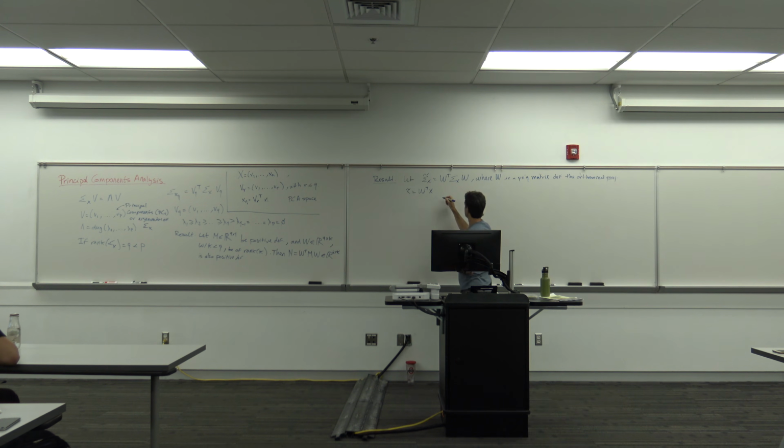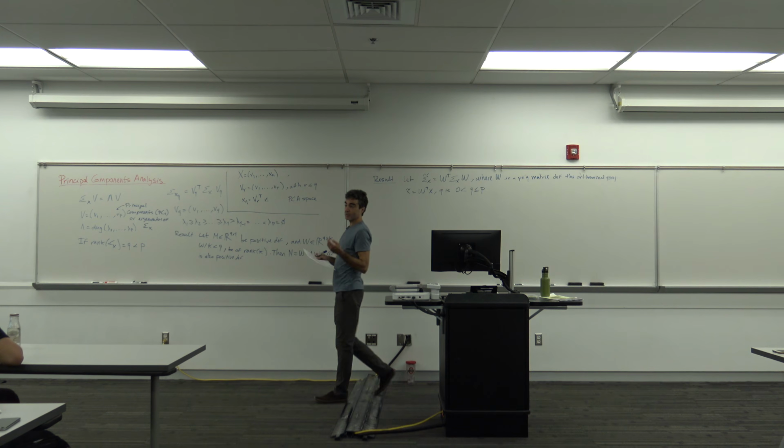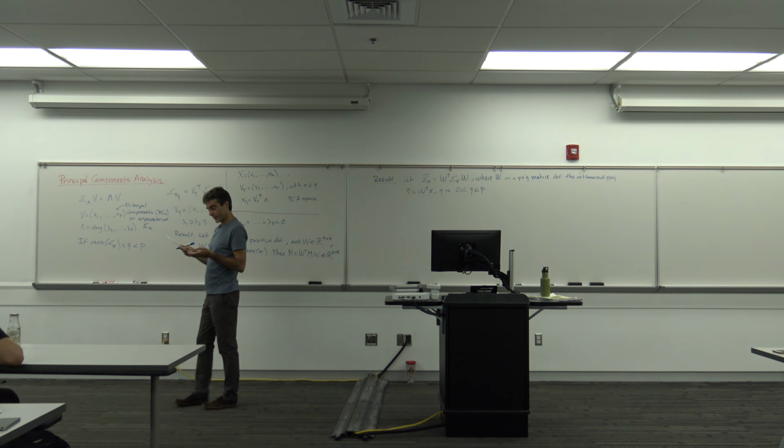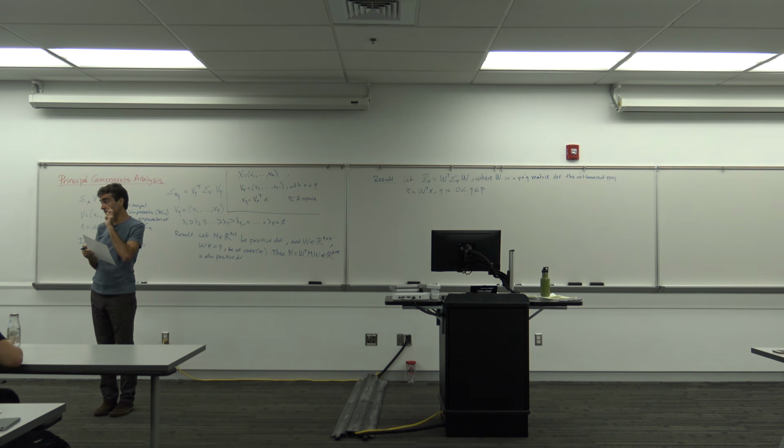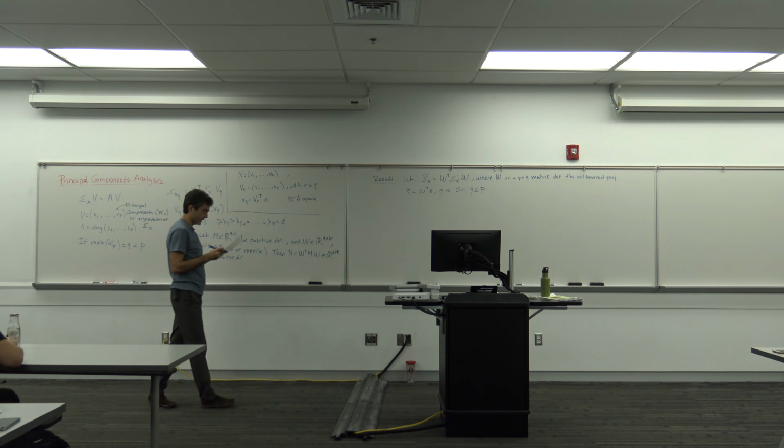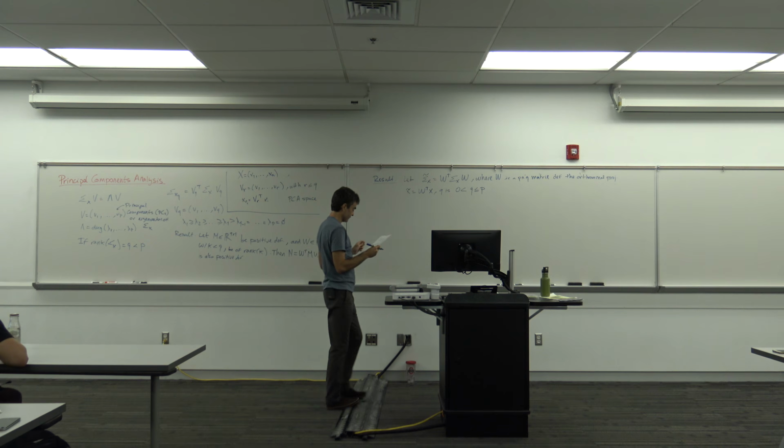And Q is an integer between 0 and P. Sigma X obviously is the covariance matrix of the data defined in the space R^P of P dimensions as we have been using it.